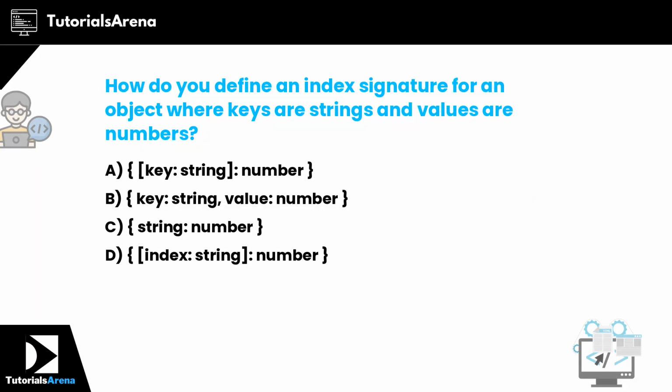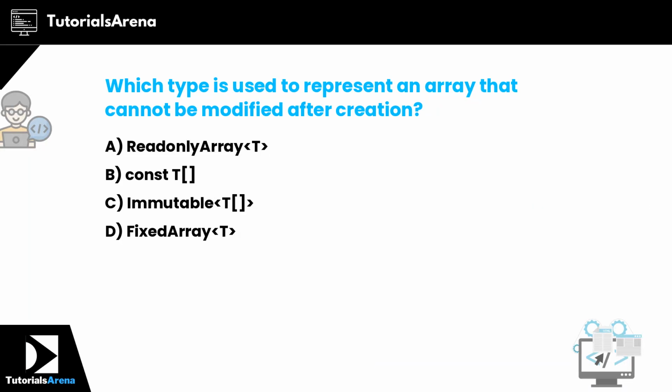How do you define an index signature for an object where keys are strings and values are numbers? The correct answer is option D, [index: string]: number. Which type is used to represent an array that cannot be modified after creation?